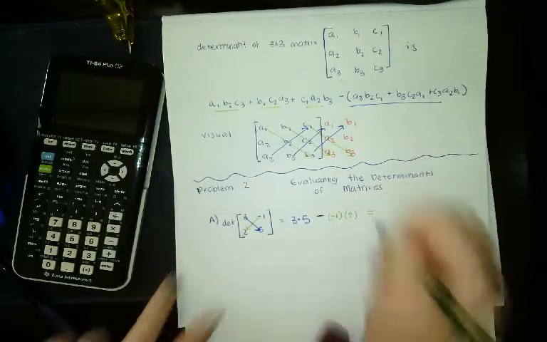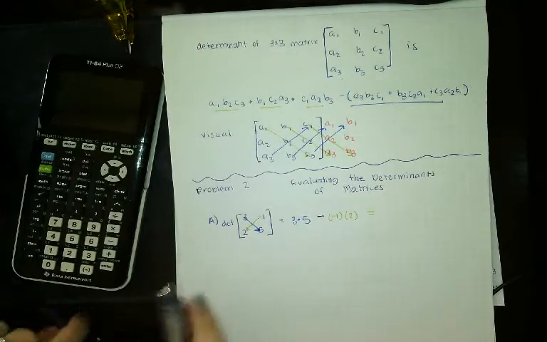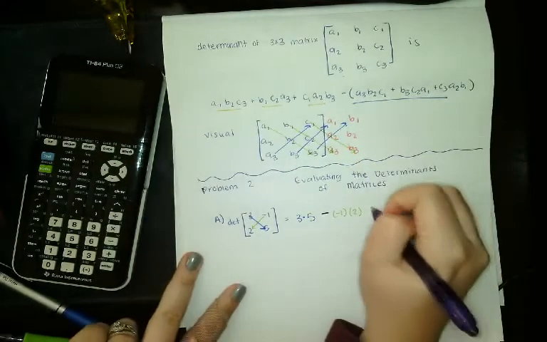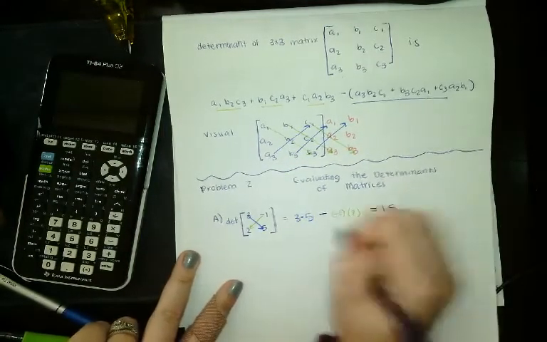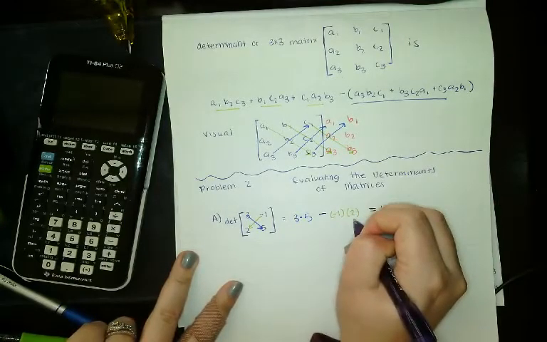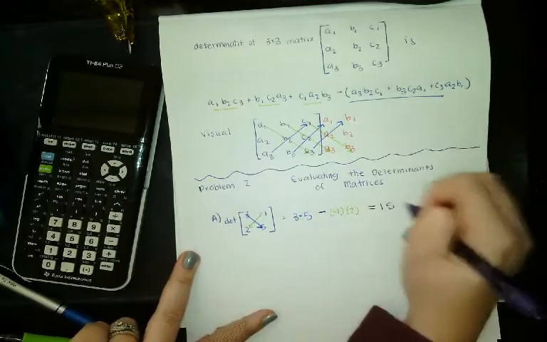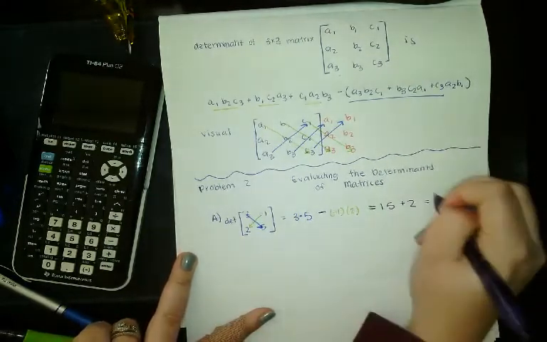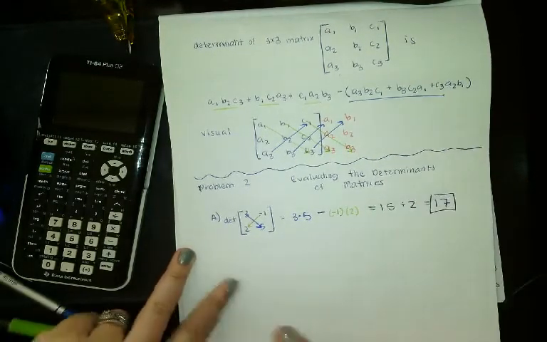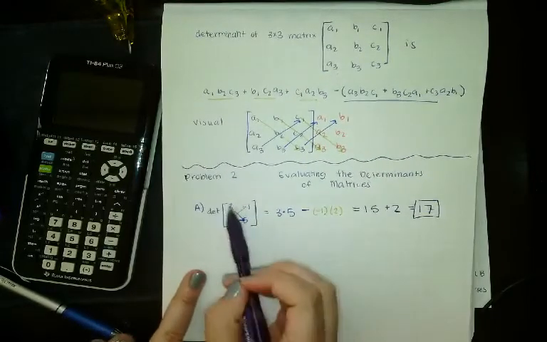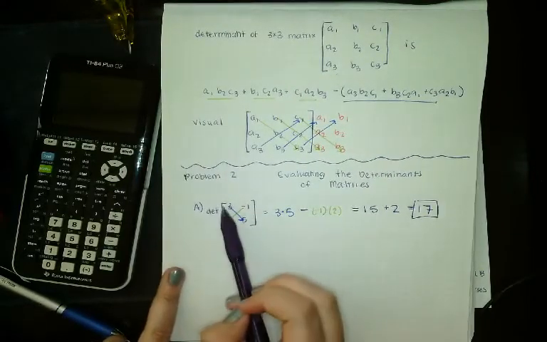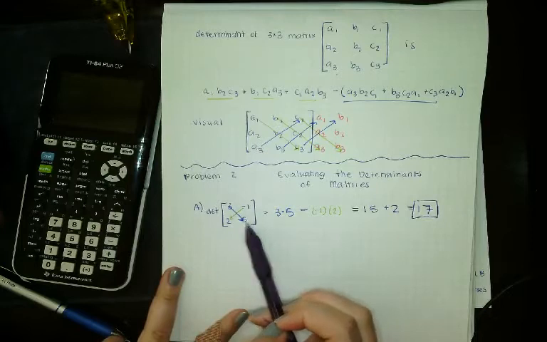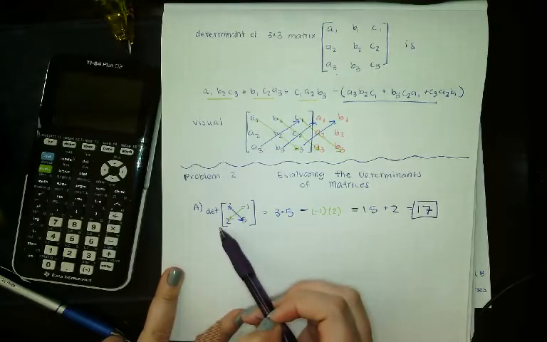So 3 times 5 is 15, minus -1 times 2 is -2, so minus -2 is adding 2, so we get 17. And that's our answer. So 2 by 2s are super easy. It's almost like cross multiplication, except you multiply these and then minus the multiplication of these.